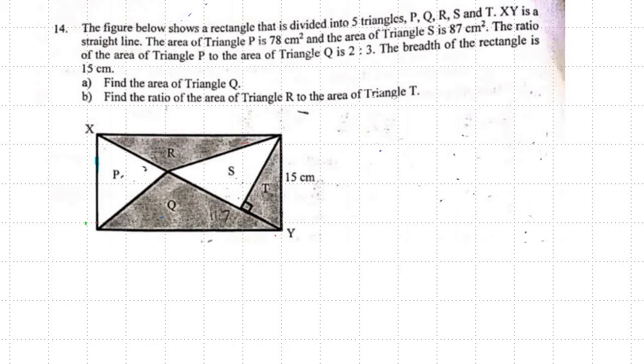And the ratio of the area of triangle P to the area of triangle Q is 2 to 3. So let me write it down here. Area of triangle P to Q is 2 to 3.